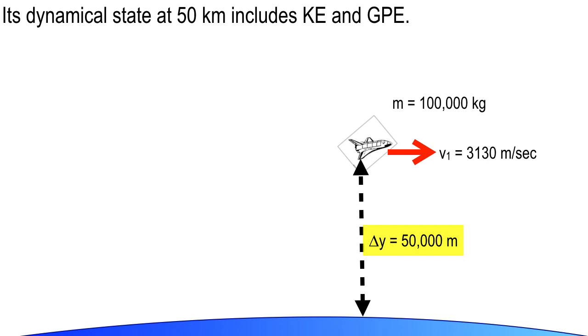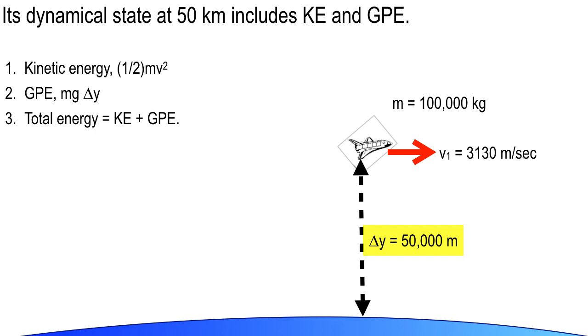All right, so we can figure out kinetic. We have enough there. We have the mass. We have V1, 3130 meters per second. So we can figure out all this stuff. And once we get kinetic and potential, we can tell the total energy as well. Now, it's got to be dissipated almost to zero.